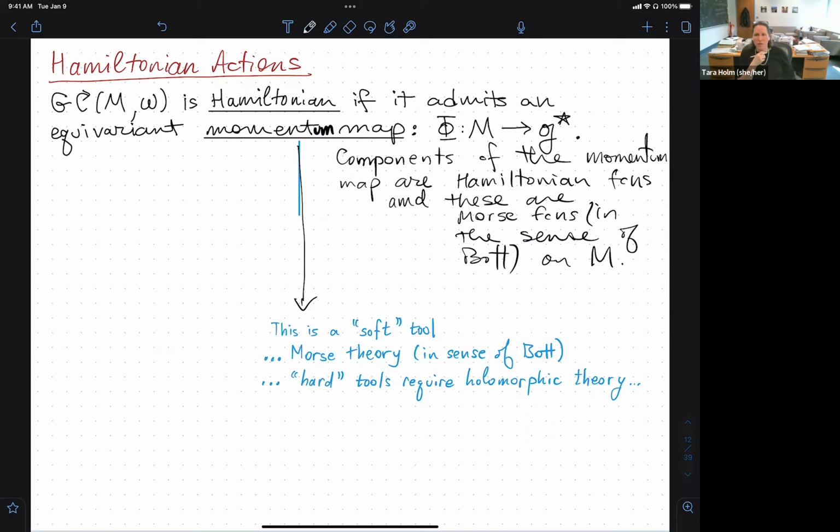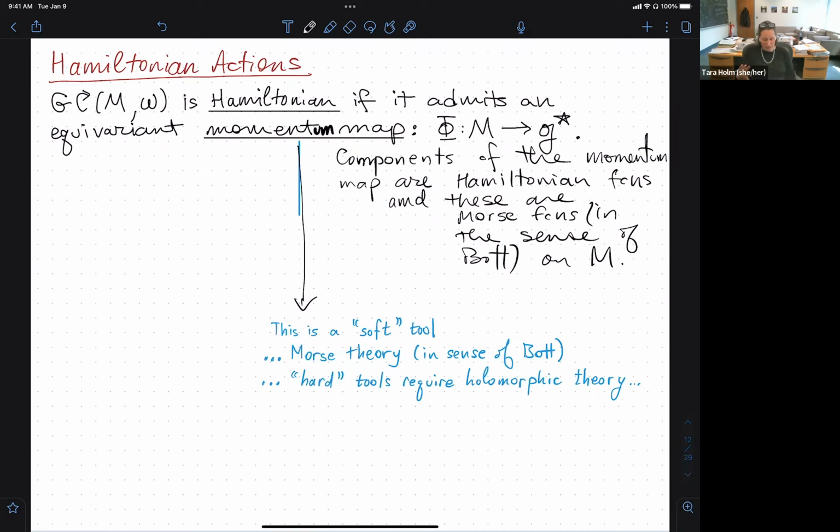So this moment map gives us one of the two big tools that symplectic geometers use. This moment map is called by some people a soft tool. It leads us to questions that you can answer with Morse theory. It leads us to Betti number kinds of calculations and that sort of thing.